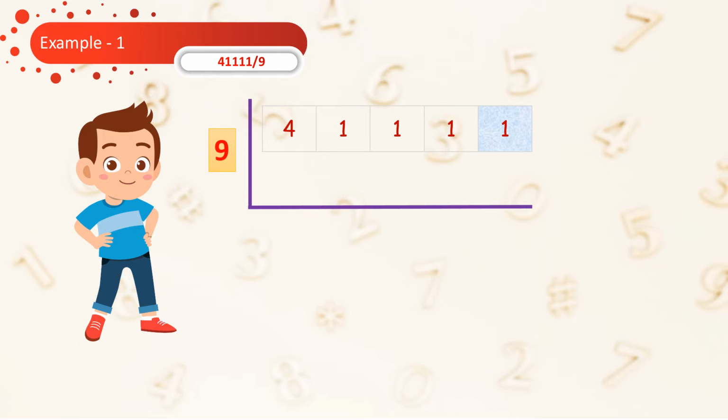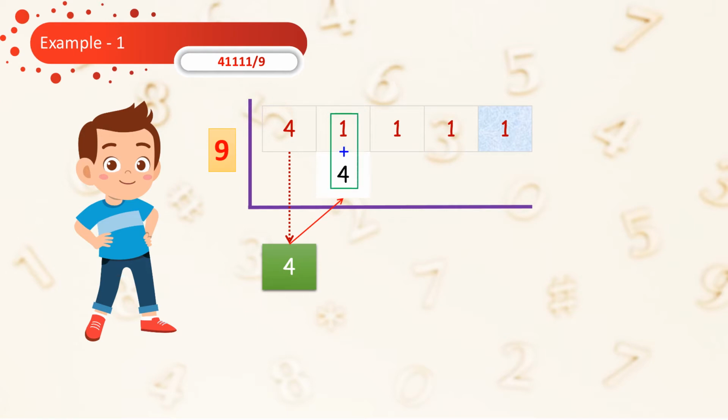So the first step here is you take the number 4 and write the number 4 below. Now take the 4 and put it below the number 1.